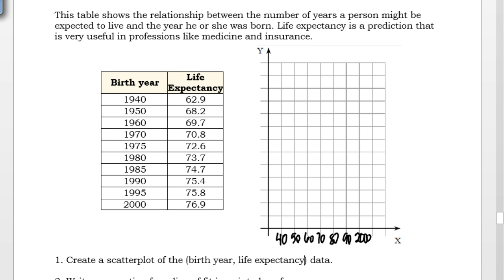Along the y-axis, we'll put the data for life expectancy, and we'll start at 60, and let's go by twos. So that would make this one 70, and 2, 4, 6, 8, 80. So we can plot this data here to get an idea and check if it is pretty linear.